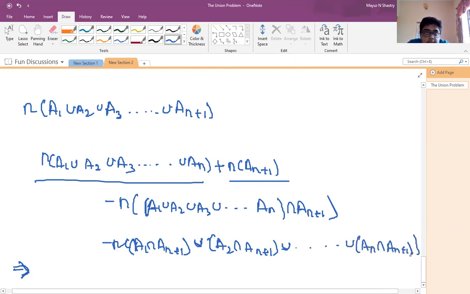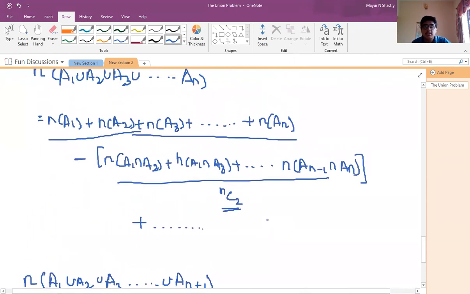So here you notice that there are again n sets in the union. So we can naturally again apply that formula.